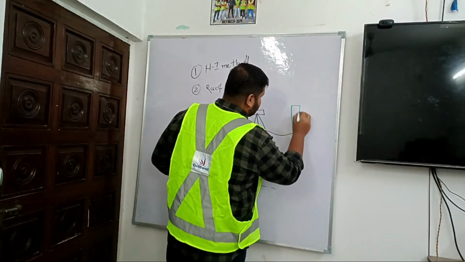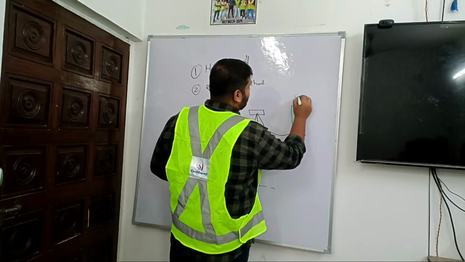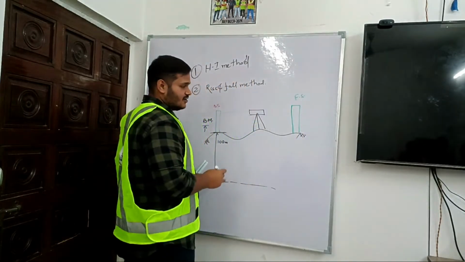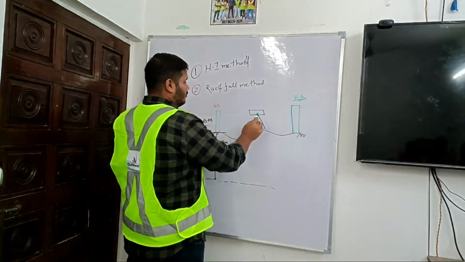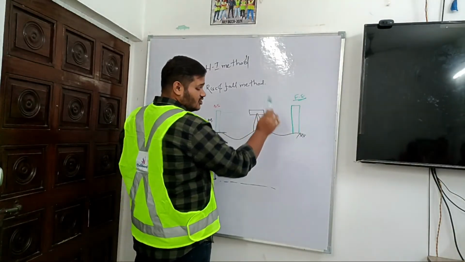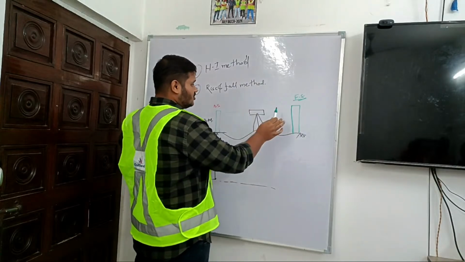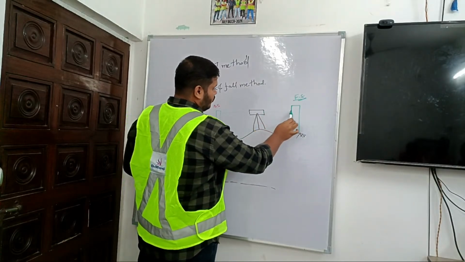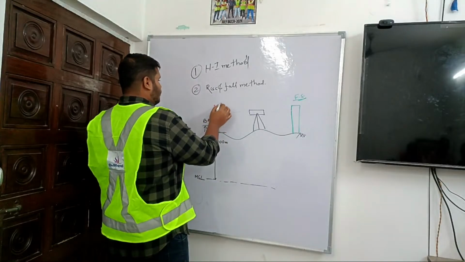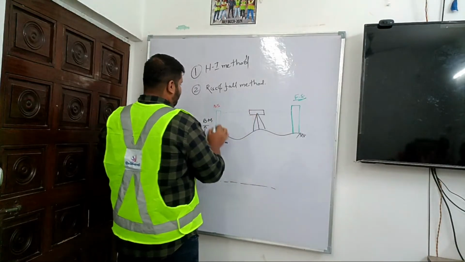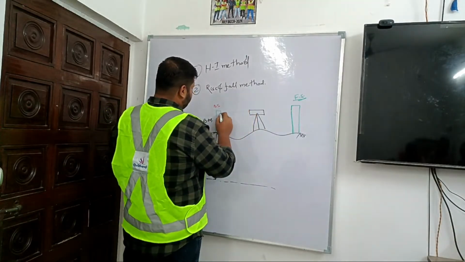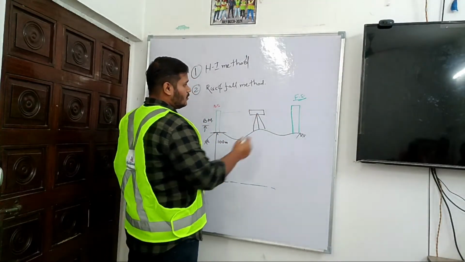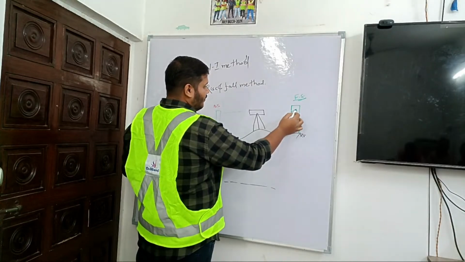If the next point after backside is the last point of the survey before changing the station, or if the station is not changed and this is the last point, then we will call this FS. So first we take the benchmark as BS, and we will take the reading of FS.